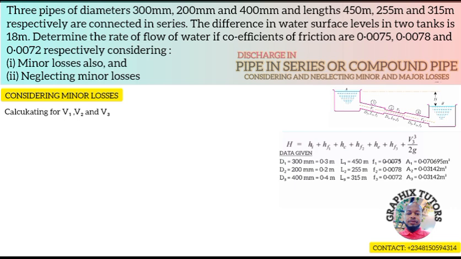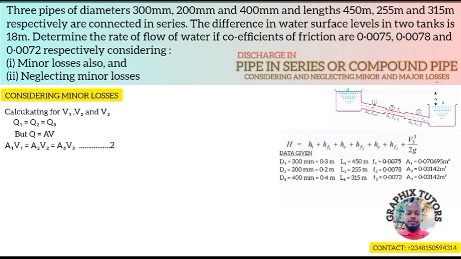We know the discharge in pipe 1 will be equal to the discharge in pipe 2 and the discharge in pipe 3 because they are in series. What is discharge? Area times velocity. So Q1 gives us A1 V1, equals Q2 which gives A2 V2, equals Q3 which gives A3 V3, right? So I'm going to term that my equation 2.